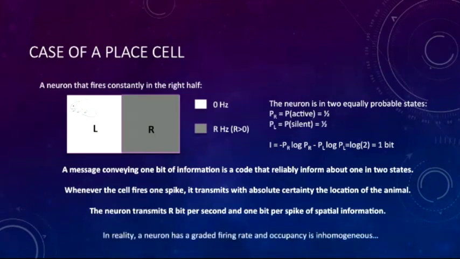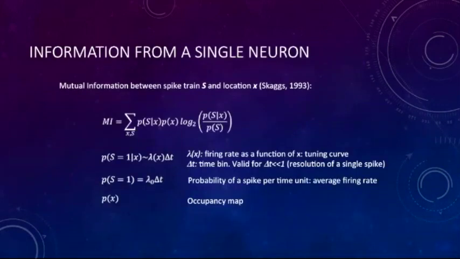But in reality, of course, a neuron does not have only 2 states of firing rate. It's graded, it's distributed, and the animal does not occupy the space homogeneously. So then you can also do the math, and Bill Skaggs did it first in 1993. When you know a bit about the math behind mutual information, it's very straightforward.